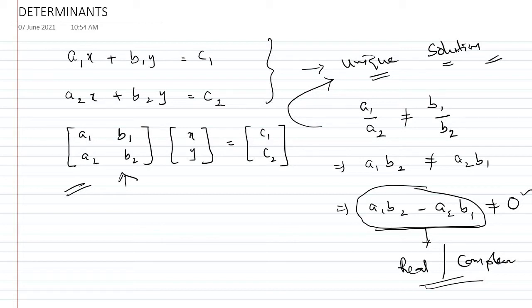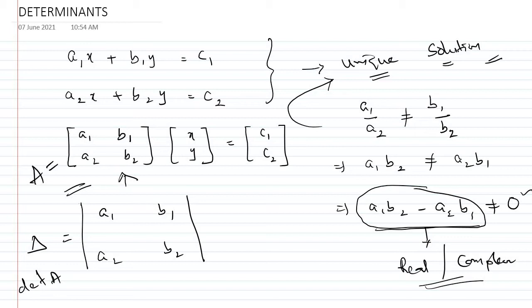The determinant of this matrix can be expressed as a1 b1 a2 b2, and we use these two parallel lines to represent the determinant. This is called a determinant. It is denoted by either delta or capital D, or if we name the matrix A, it is also read as det A.